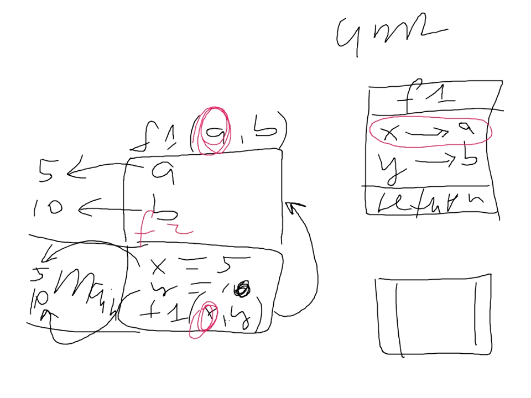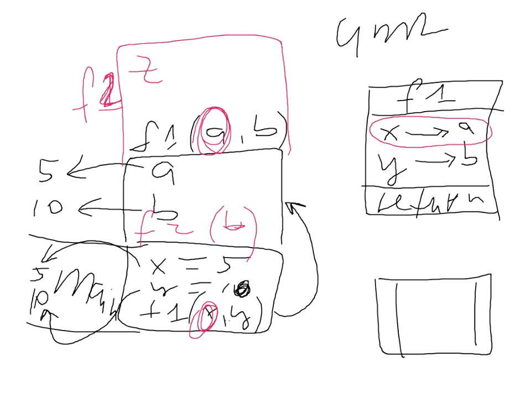Now let's see what happens if function 1 needs to call another function. Let's say function 2, and I'm going to call function 2 with a parameter b. Then what happens, f1 goes to sleep, and on top of f1 we create a memory area reserved for function 2. Now function 2 receives a value, let's call it z.